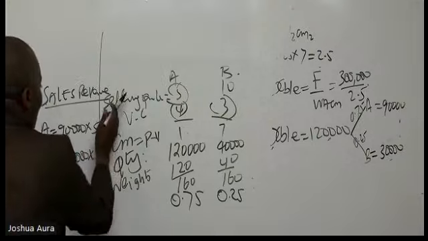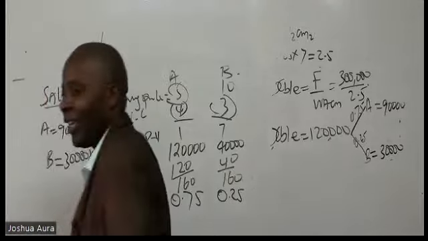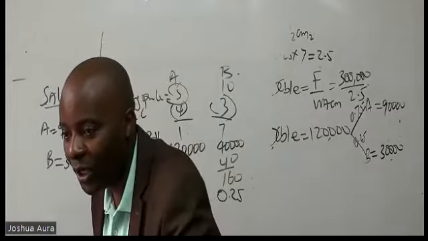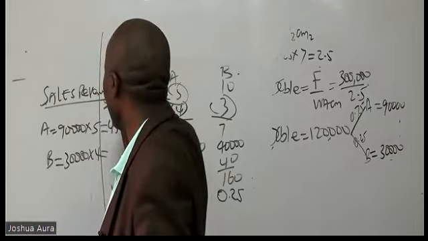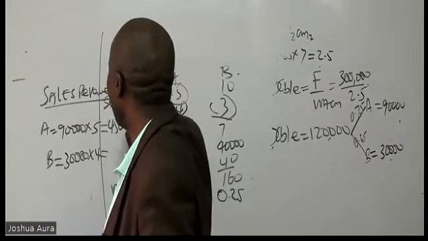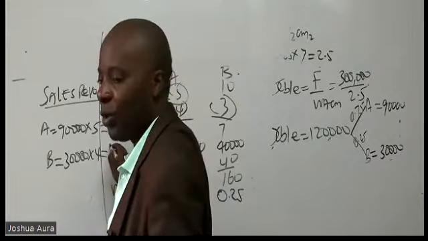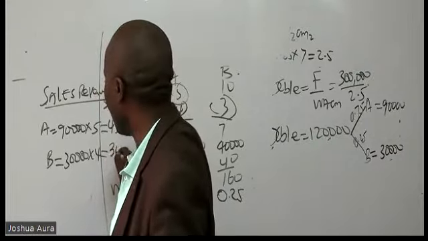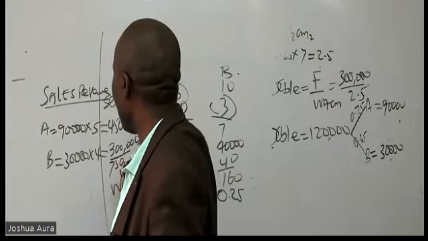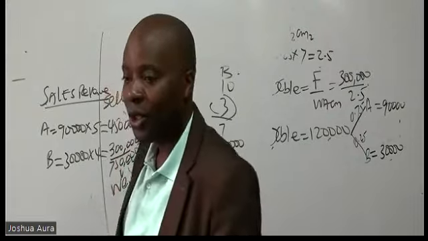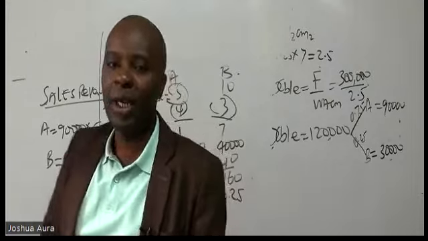So A gives me 450,000, and then B gives 120,000. The total gives us 750,000.